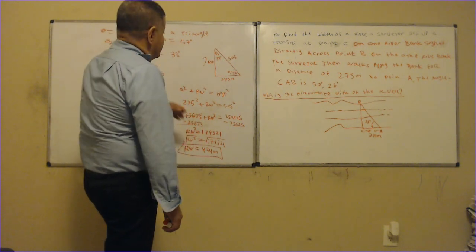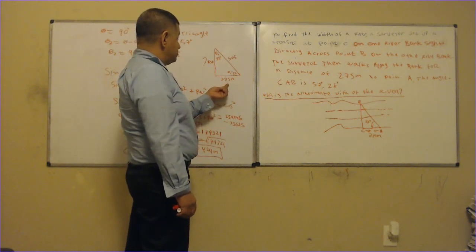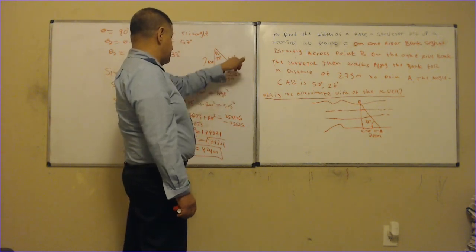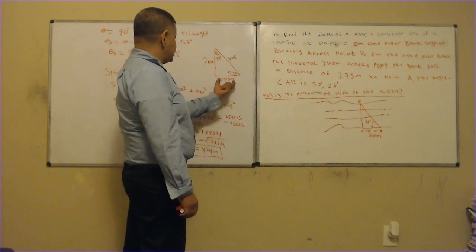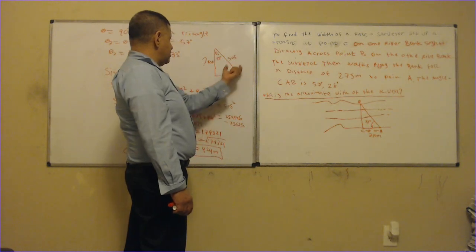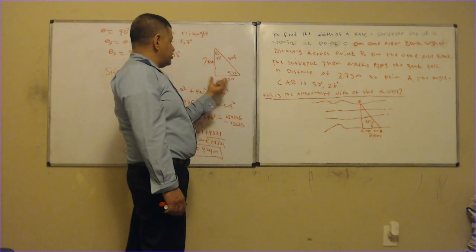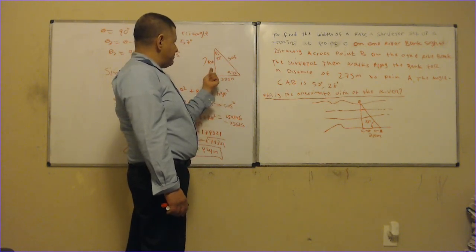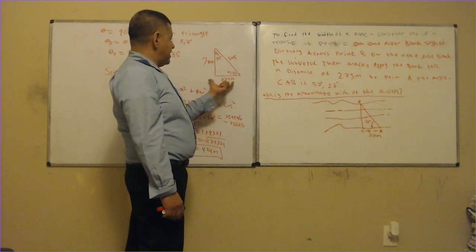You can also use the law of sines to do it, right? Or you can use tangent, because tangent is sine over cosine, right? But then you have the angle, so you can use the opposite side, because we already have the hypotenuse.